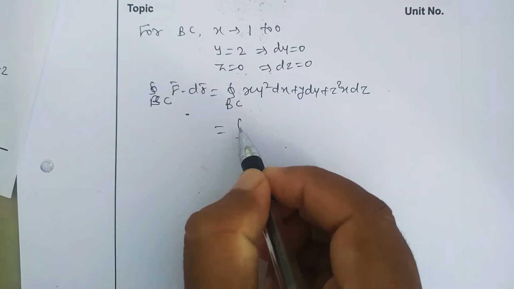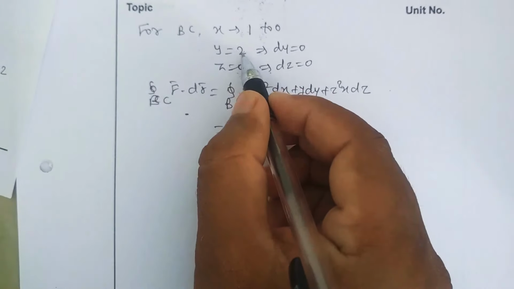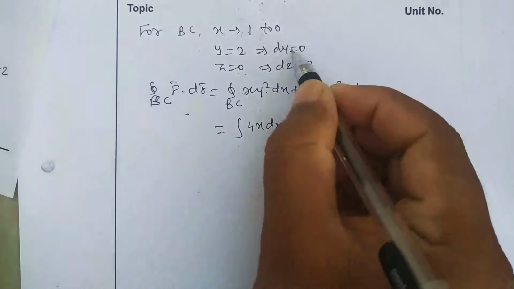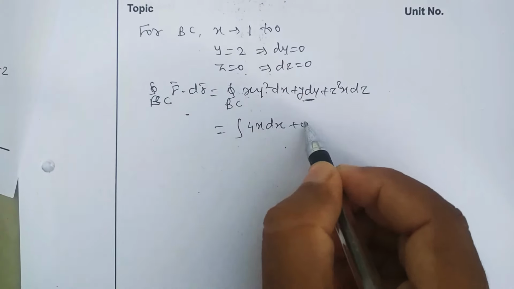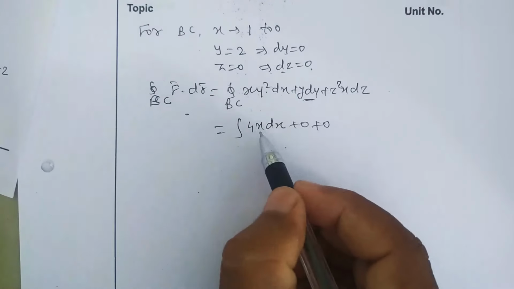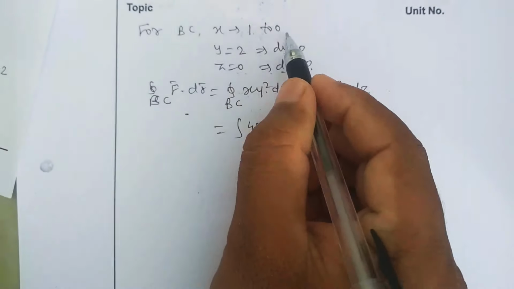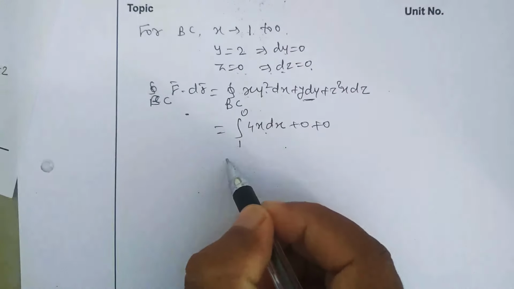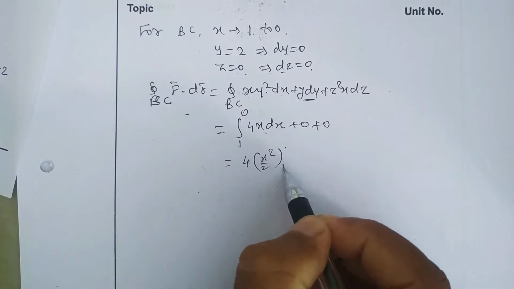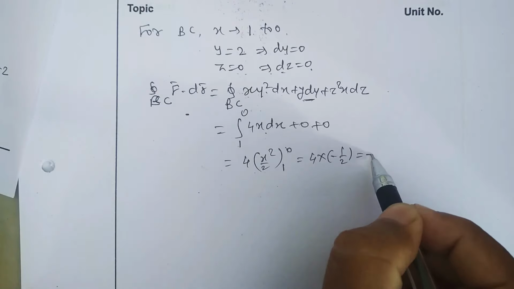So you will get the closed integral of x into y square, y is 2, so y square is 4, 4 into x dx. dy is 0, that means the second term is 0, dz is also 0, that means the third term is also 0. So the only variable is x and x varies from 1 to 0. Integration of 4x is 4 into x square by 2, limits 1 to 0. That is 4 into minus 1 by 2, that is minus 2.